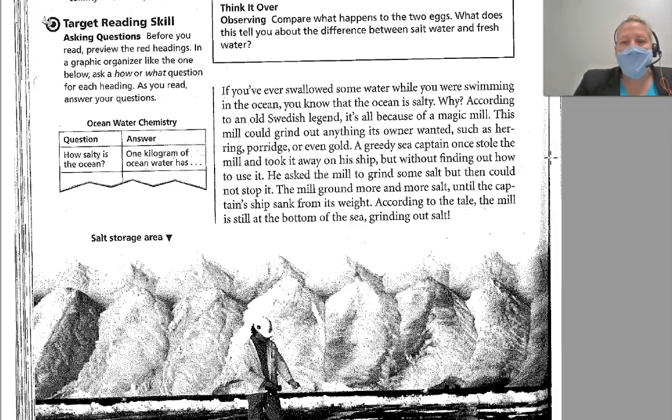A greedy sea captain once stole the mill and took it away on his ship, but without finding out how to use it. He asked the mill to grind some salt, but then could not stop it. The mill ground more and more salt until the captain's ship sank from its weight. According to the tale, the mill is still at the bottom of the sea, grinding out salts.